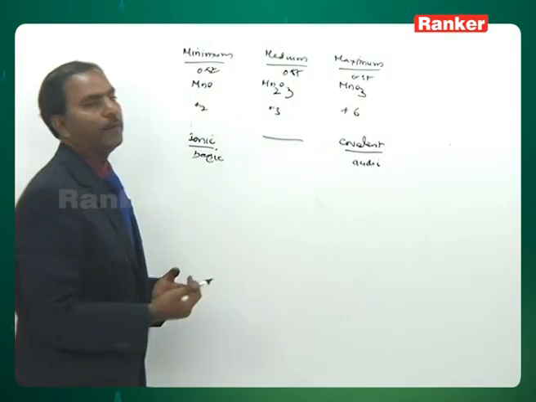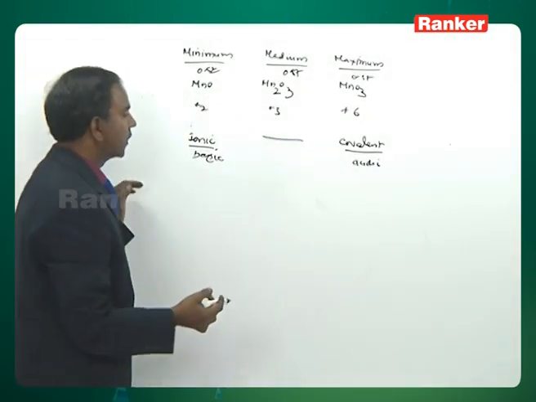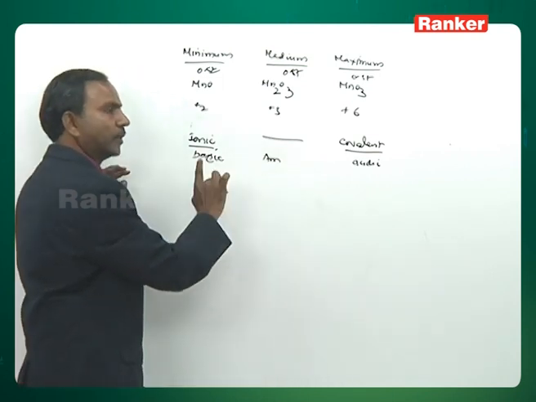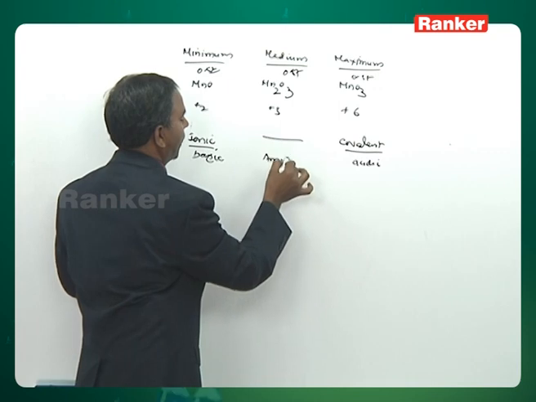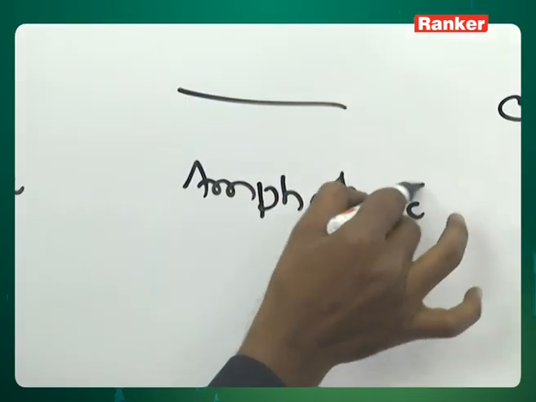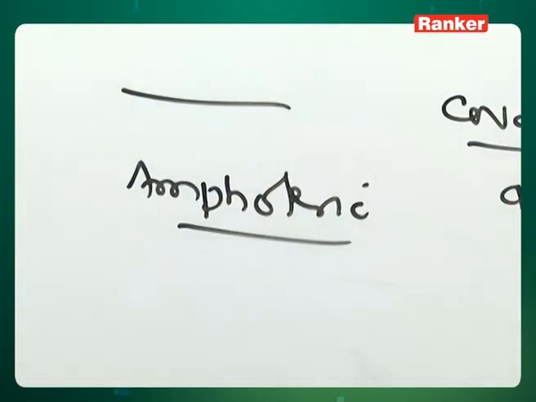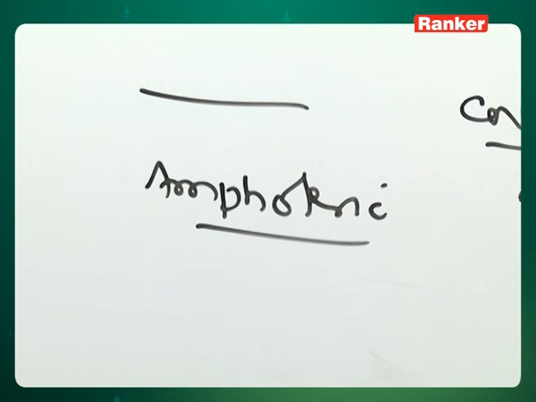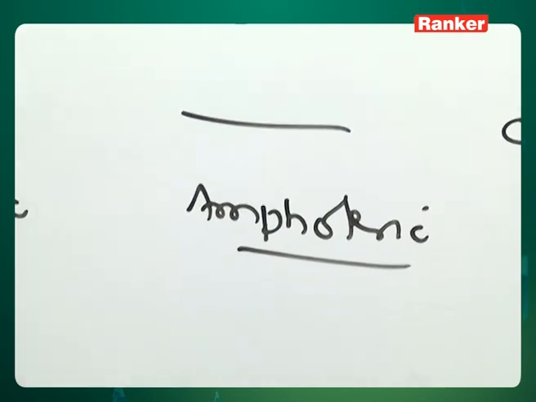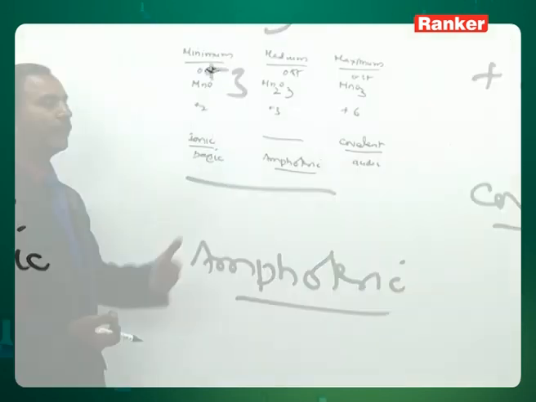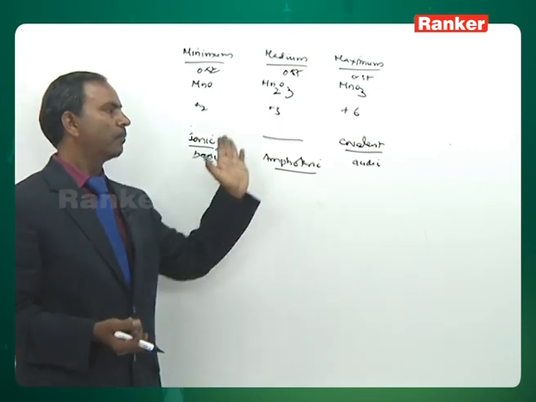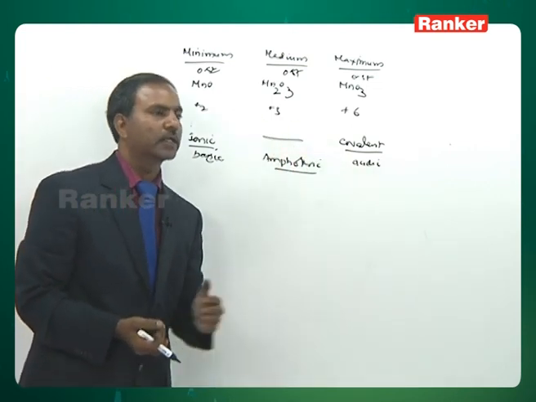Wherever the medium oxidation state is there, it will be amphoteric, exhibiting both properties. So once you see the compounds and their oxidation numbers, you can easily identify which is more covalent or acidic, and which is more ionic or basic. Minimum is basic, maximum is acidic, medium is amphoteric.